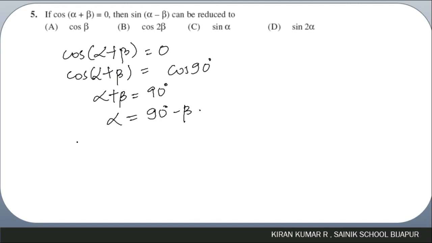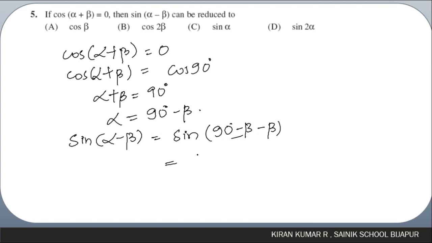If I consider sine of alpha minus beta, this will be equal to sine of 90 degrees minus beta minus beta. I have taken sine of alpha minus beta, so I am subtracting beta from 90 minus beta. So what do I get?